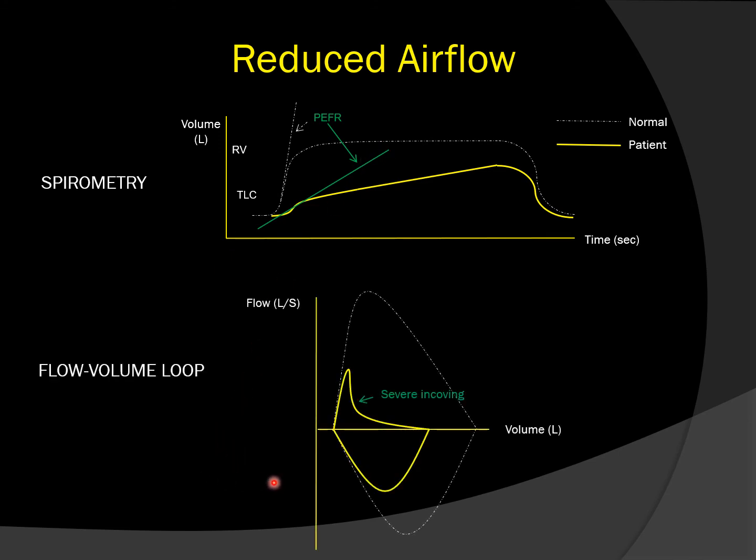Just to review from our other talk, a normal spirogram has a high peak flow, and then it comes down to a normal flow in a straight line. A severely obstructed patient has a very low maximum flow rate and severe scooping, which is to say there's extreme flow suppression in the middle volume. As the middle volumes of the lungs come out, the flow is extremely suppressed.